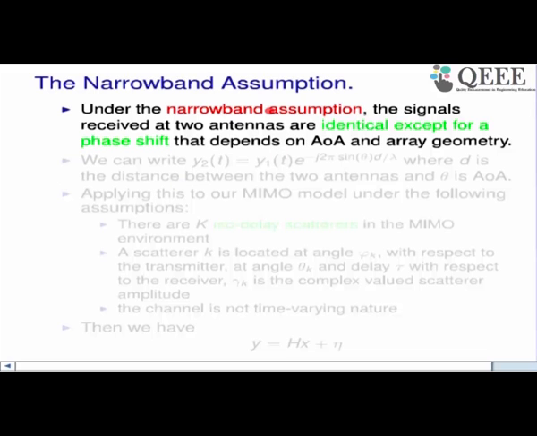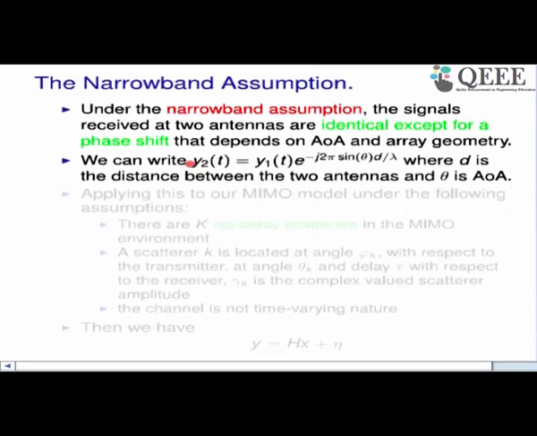This is because of the narrowband assumption. That is, the signal bandwidth is very small. Two paths from the transmitter to the receiver are identical except for a phase shift. The delays are not so large that they cause multiple time replicas. They arrive from different angles based on the geometry of the antennas and the reflectors, but they have a similar signal with a phase shift. So the signal received at the second antenna is just a phase shift of the first.